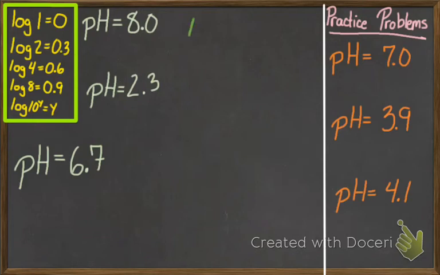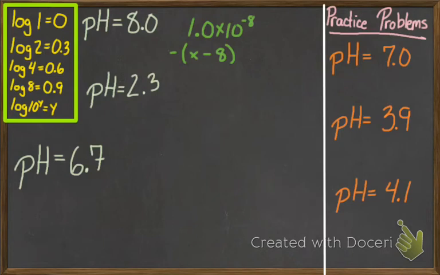So this one's going to be easy. It's going to be 1.0 times 10 to the negative 8th. If we go backwards, we have an x value minus something else, and the only thing that's going to fit here is an 8. The log of 1 is 0.